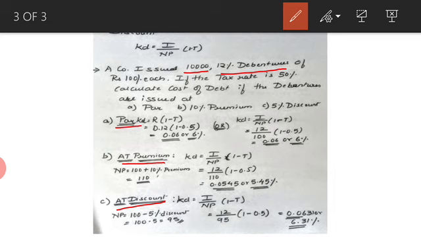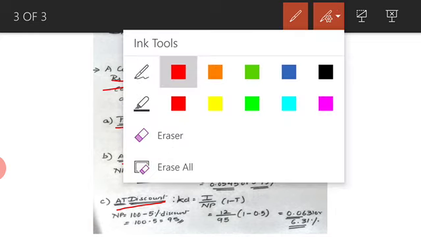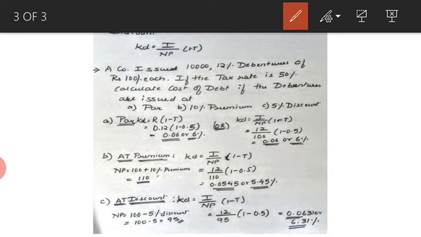So 10,000 means the number of debentures which are issued. 12% represents again the rate of interest. So what is the rate of interest on these debentures? It is 12% of rupees 100 each. 100 each represents the face value of the debenture. So it is issuing 10,000 debentures of 12% interest rate, and the price per debenture is 100 rupees.